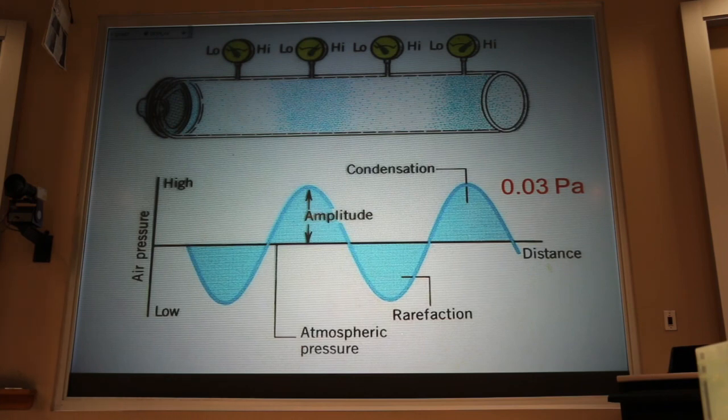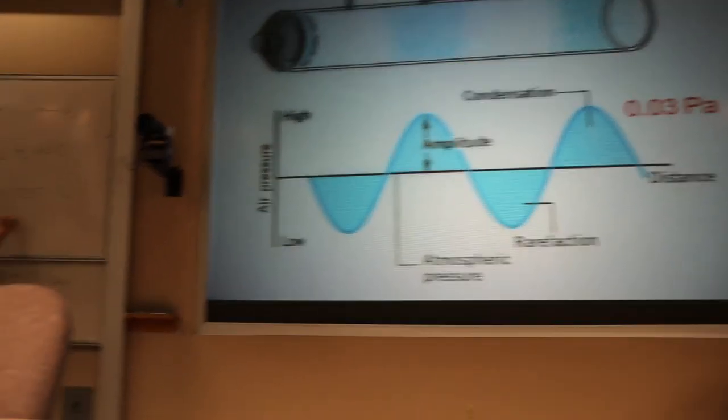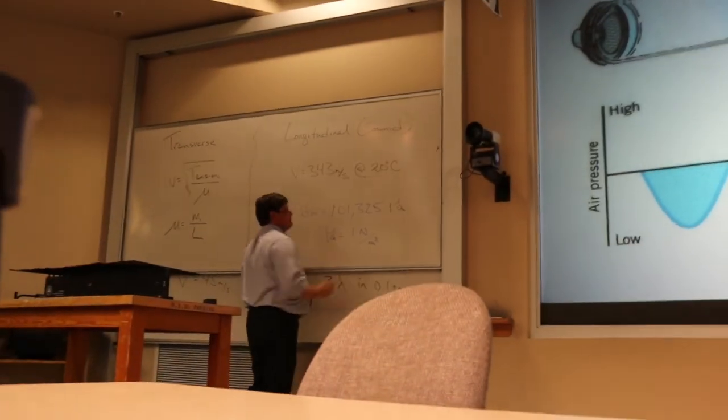Now, you remember that in everyday life when you're walking around, you are surrounded by air that's at 1 atmosphere. And 1 atmosphere is 101,325 pascals, where a pascal is 1 Newton for each meter squared.